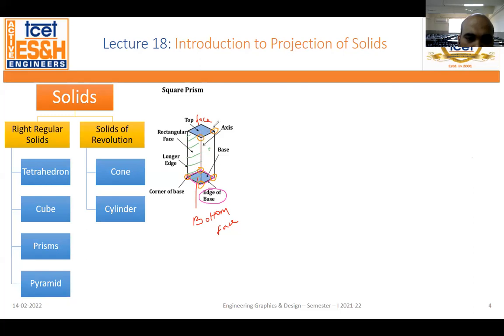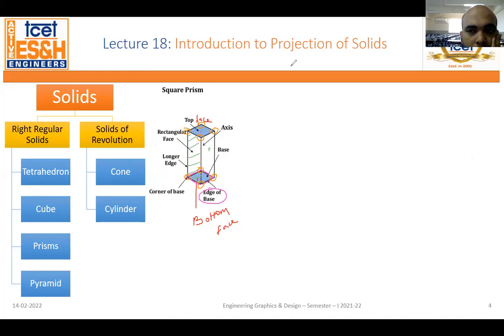Remember all this. These terms which are created, all of these will be called corners. Okay, corners are called corners of base, but basically the corners. Everyone just keep it in mind. All these points, edge corners, we call them corners of the square prism.